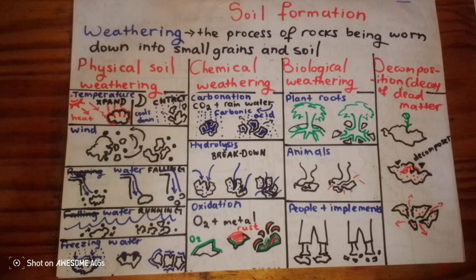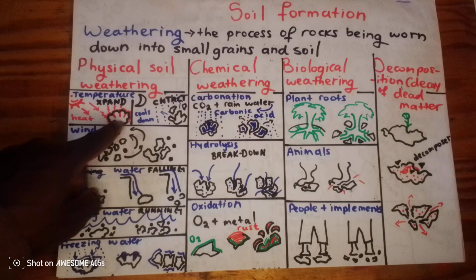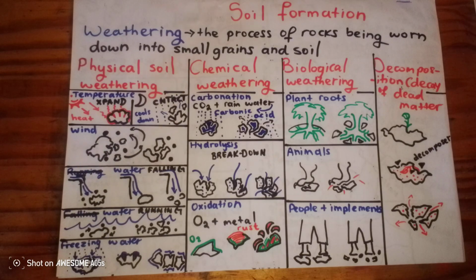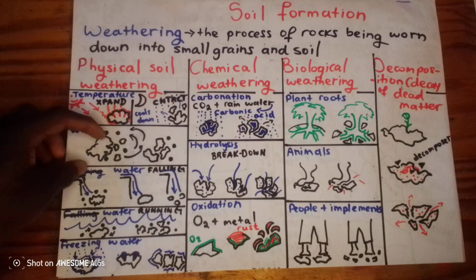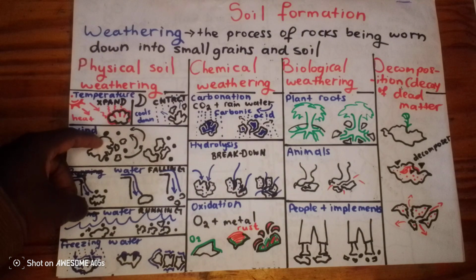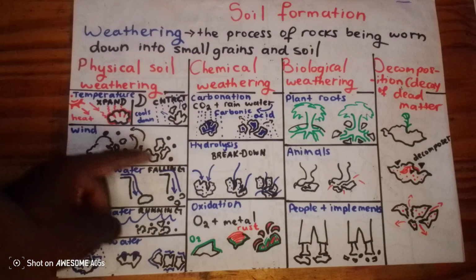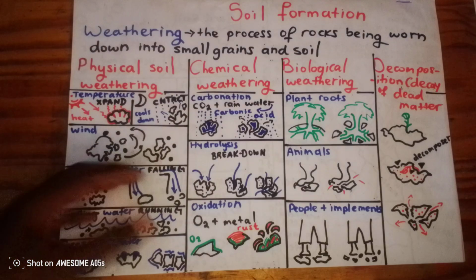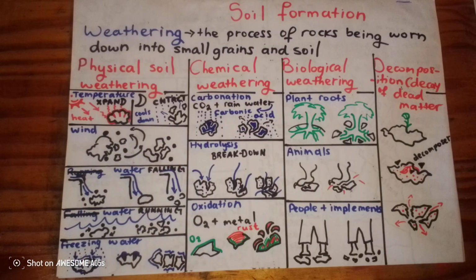We're looking at temperature. We're looking at wind. With wind, we have little pebbles, little stones dashing against a bigger rock. And over time, this consistent hitting of the pebbles and smaller rock material against the larger rocks breaks up the larger rock, which results in fragments, and of course, these fragments form the soil.